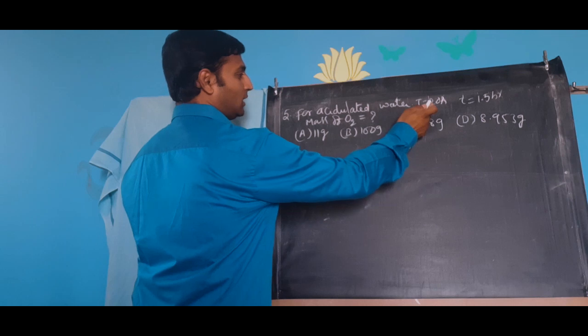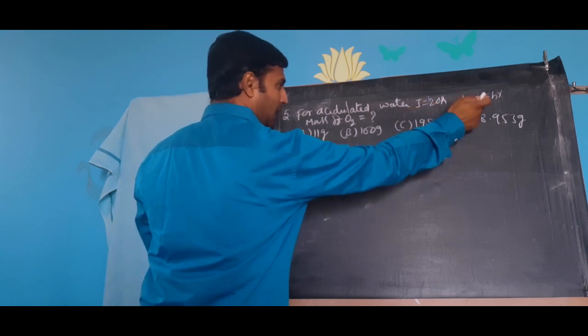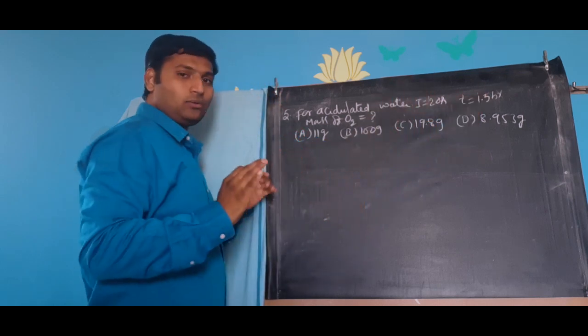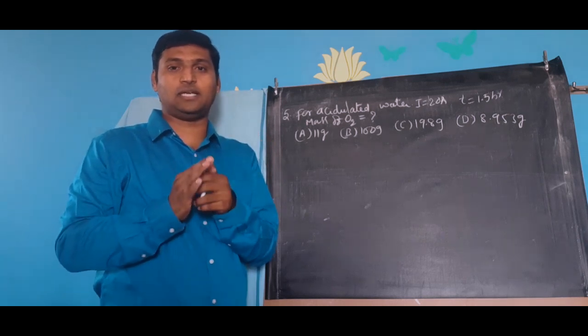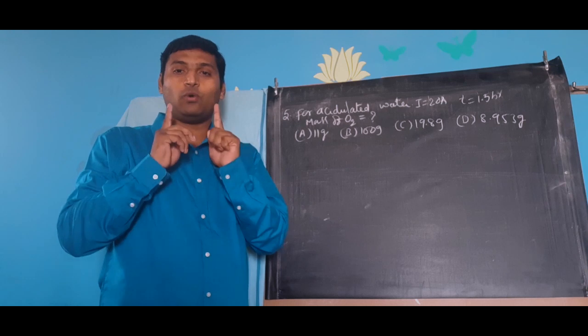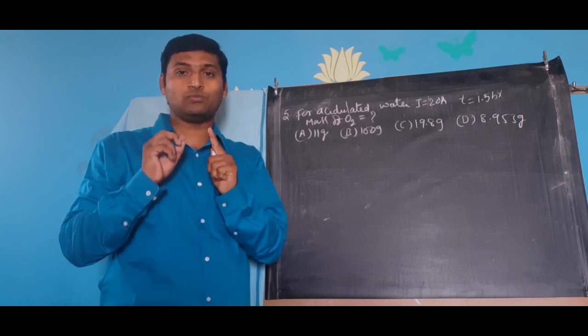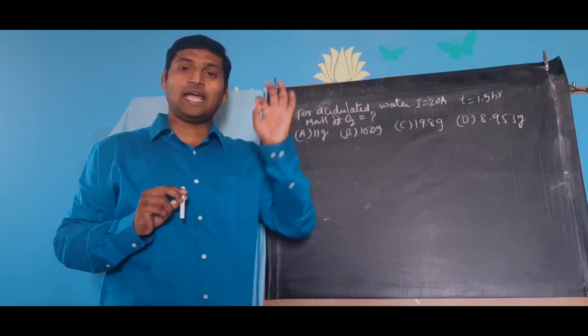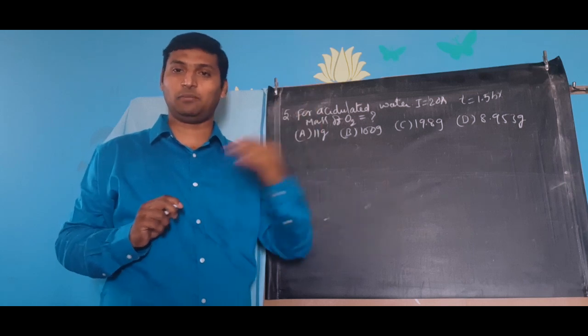First, you have got current and time. Now, for calculating by the unitary method, what we need is charge. We know very well that 96,500 coulombs of charge will liberate exactly the equivalent mass of that element.